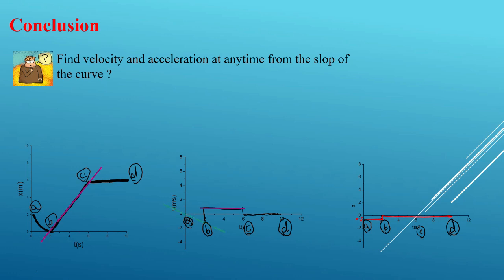Also, between point A and B for the velocity, we saw that the slope is negative, so we can say the acceleration is negative, okay? How about this point right here for the displacement? Between C and D, we have a straight line.